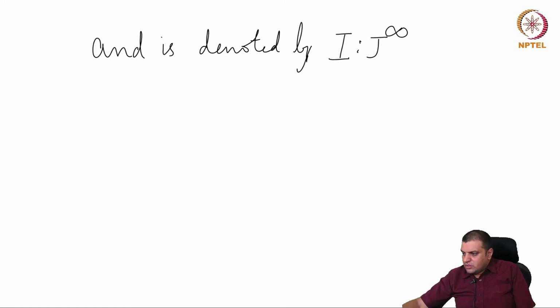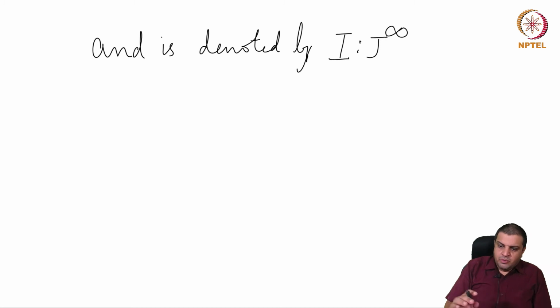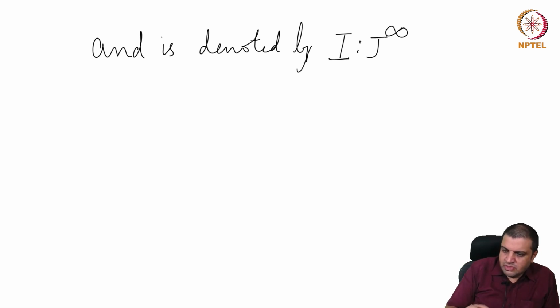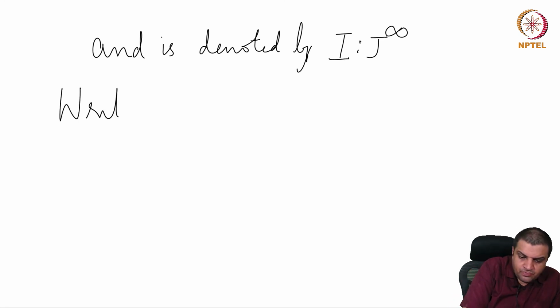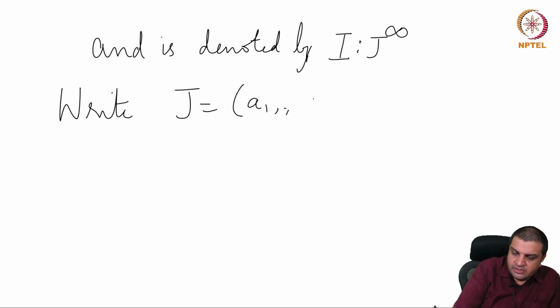So, we will prove some properties about associated primes of saturations, but before that, let's make some observations that will be useful in proofs or when trying to solve problems. Write J as J is finitely generated, in a Noetherian ring, some a1 through an.